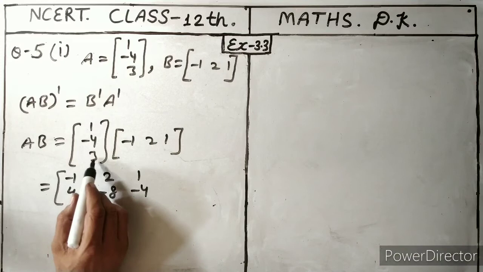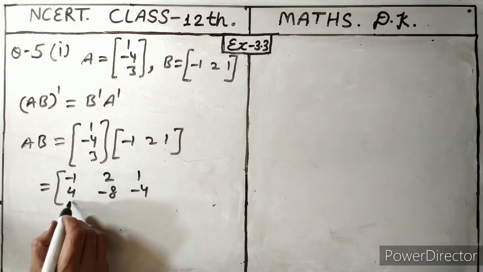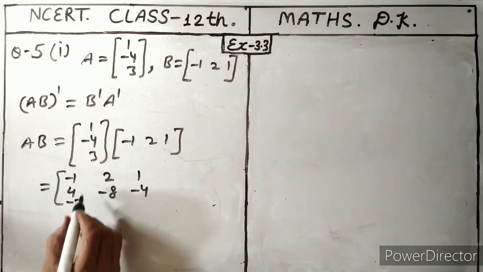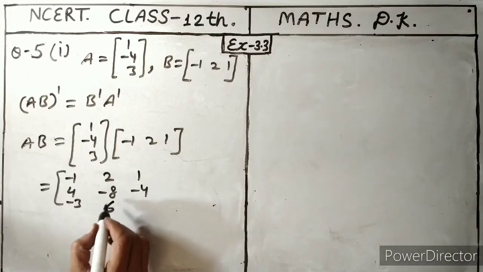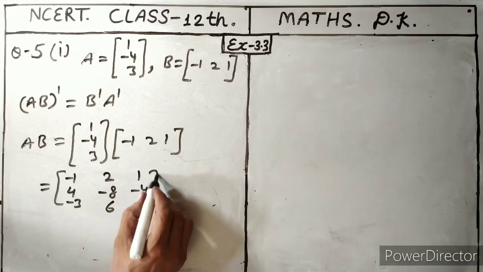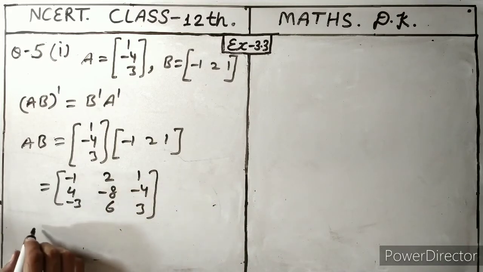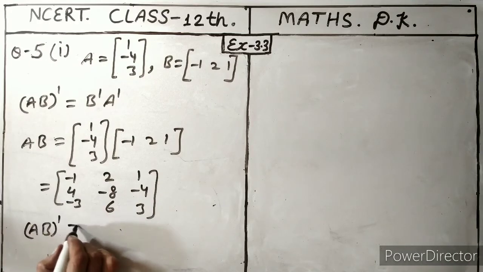And in third row and first column here -3, 6 and 3. This is AB and we find out AB transpose.